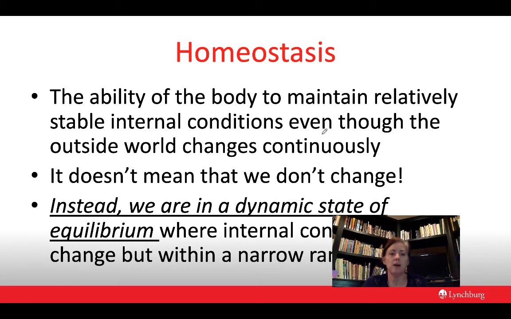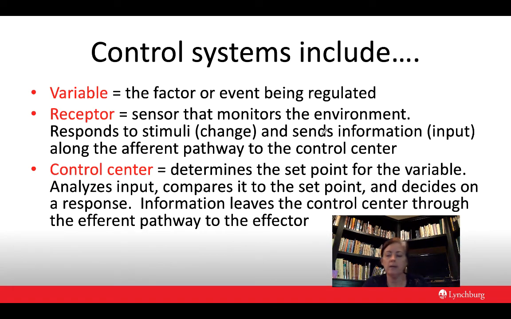It just means that we are in what we call a dynamic state of equilibrium. We do have some change in our internal conditions, but they're not significant, or we try to minimize how much change is going on. The way that we are able to maintain homeostasis in our internal environment is through control systems.